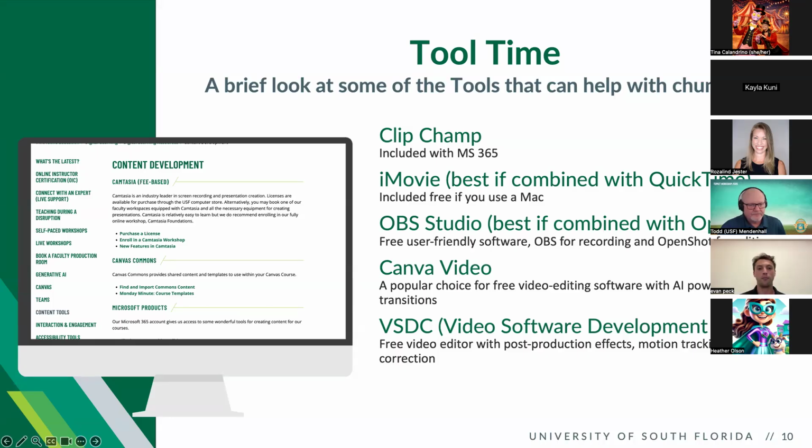It's kind of Microsoft's answer to not having anything like iMovie or QuickTime for a long time. It came out a couple years ago, and they have a lot of really cool tools on there. One of them is AI text to voice, which is really cool, and they have a lot of stock music and video and lots of cool stuff on there.